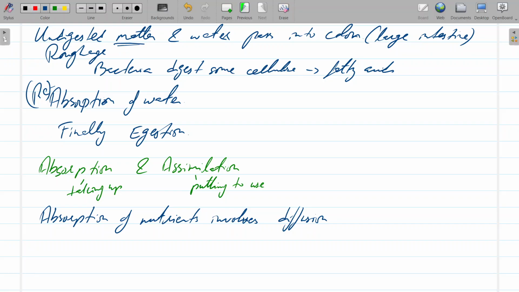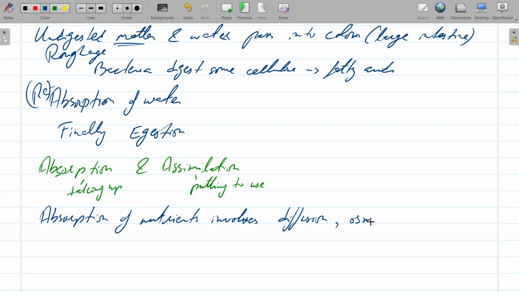For these nutrients. So all that digested matter in the small intestine is in a higher concentration as compared to what you would expect in the blood and in the body. So diffusion is obviously playing a part.